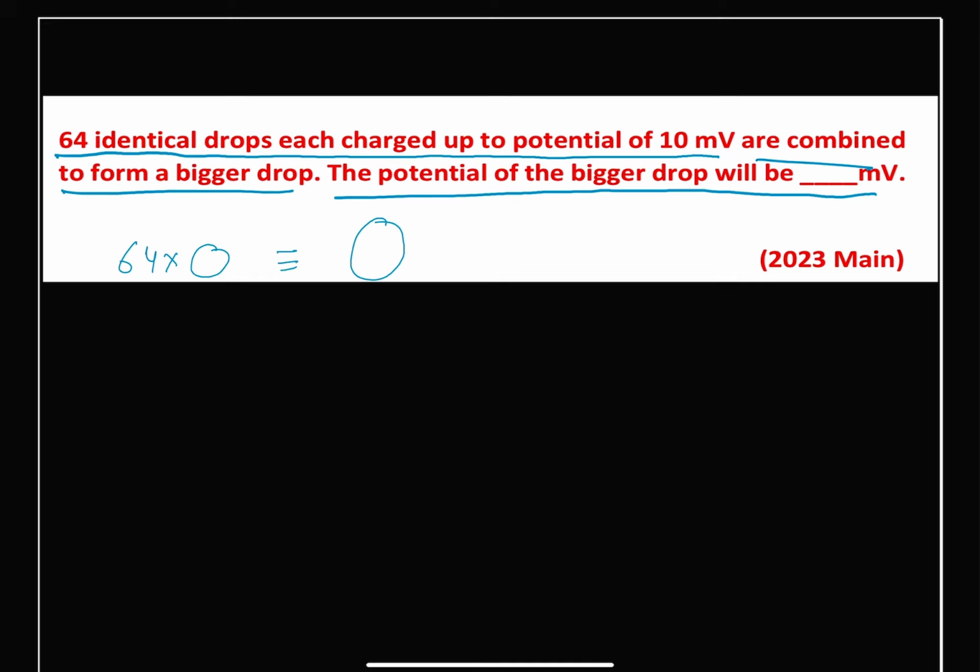Let us suppose this small drop has a radius of small r, and this bigger drop has a radius of capital R. And here the volume of the 64 drops will be equal to the volume of the bigger drop. So 64 times the volume of a single drop will be equal to the volume of the big drop.